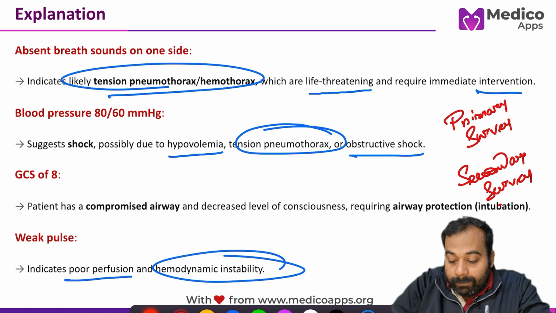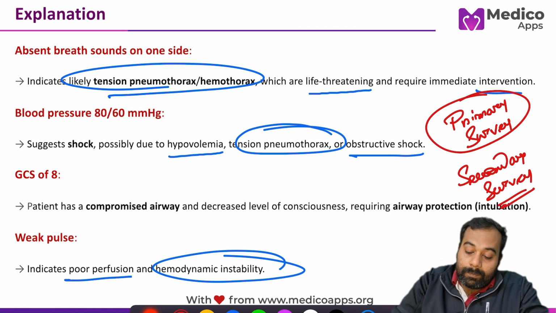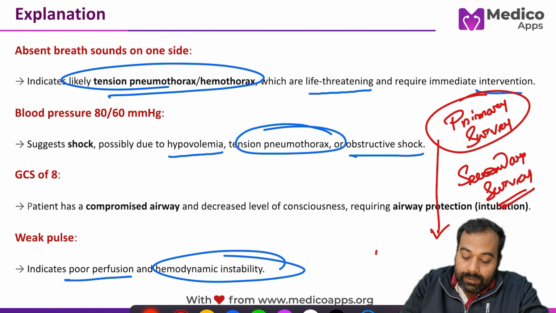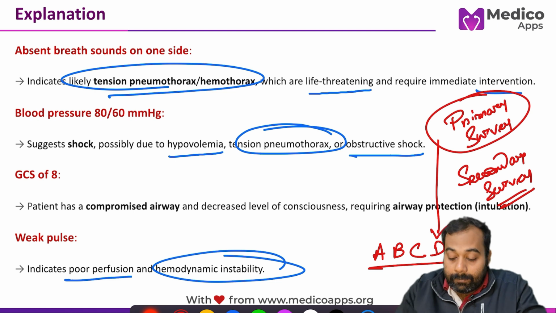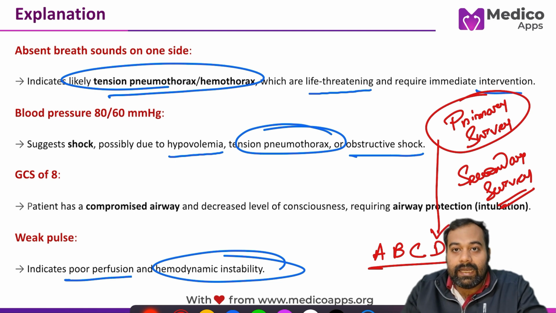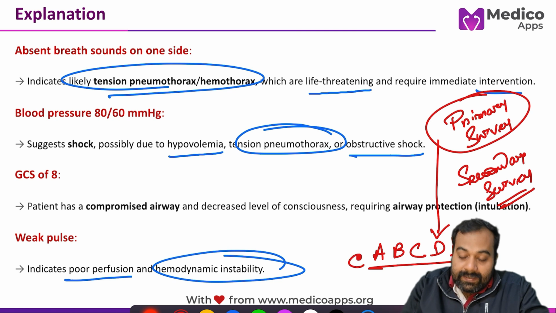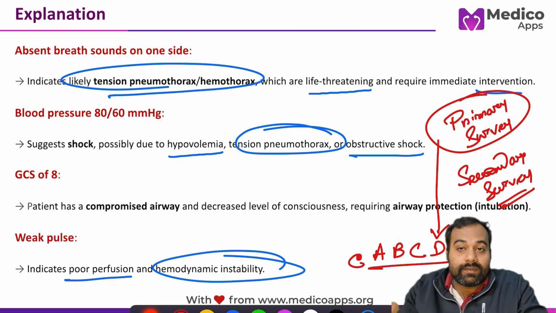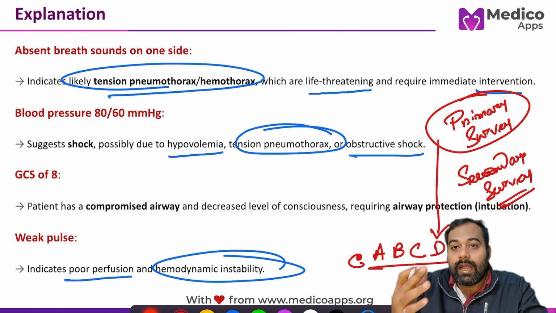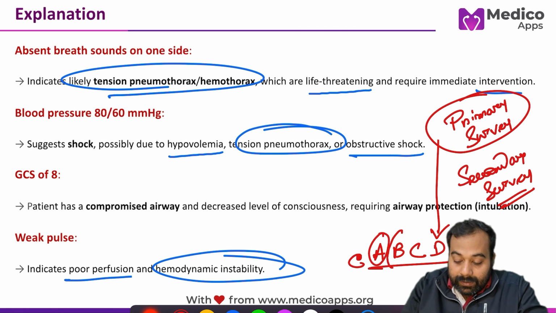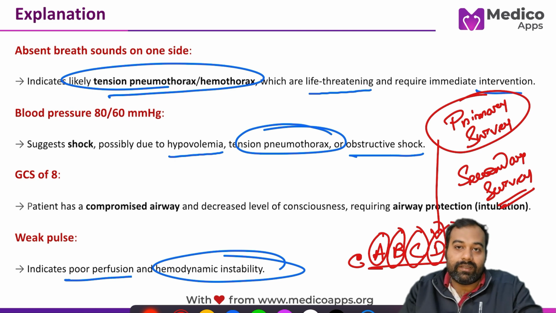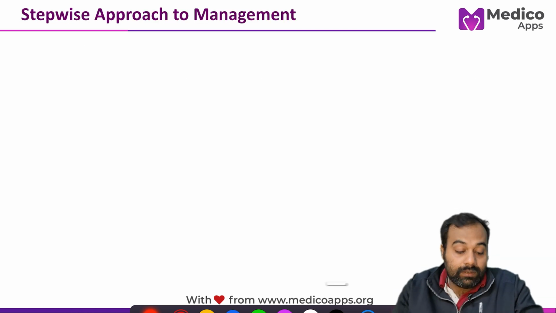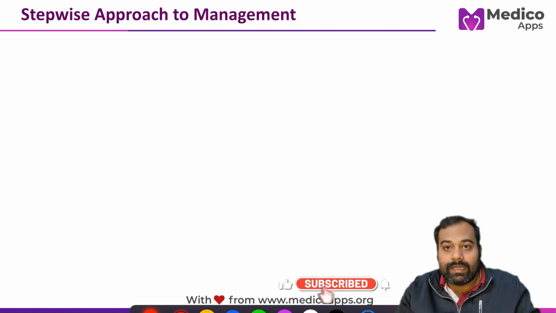The primary survey is remembered by the mnemonic A, B, C, D, E. The recent update of the ATLS guideline has introduced the C, which means control of any external or life-threatening hemorrhage, followed by airway, breathing, circulation, disability and exposure prevention, right? Now let's learn the stepwise management in this patient.